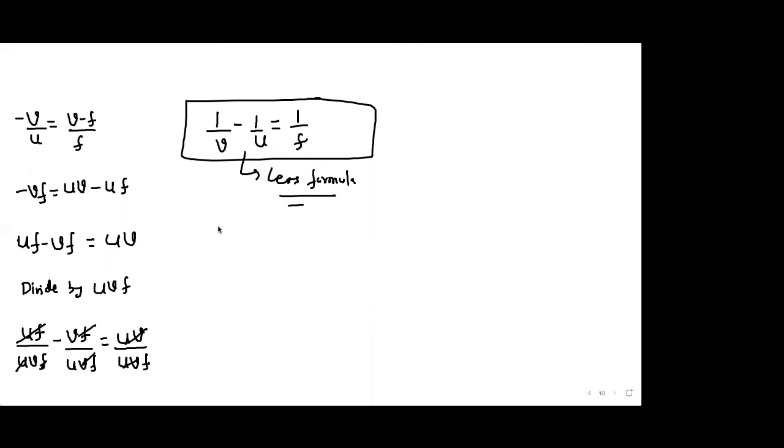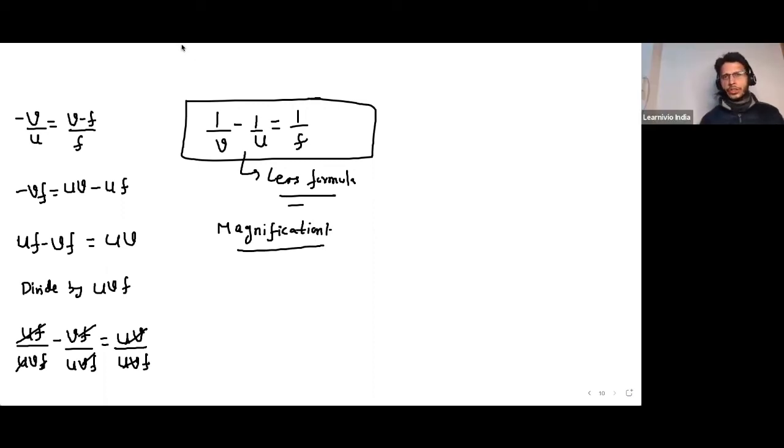Okay, the next thing is magnification. For a lens, magnification, which we represent by M, is the ratio of height of image and the height of object.